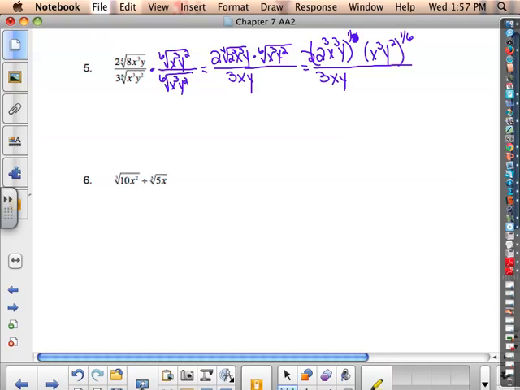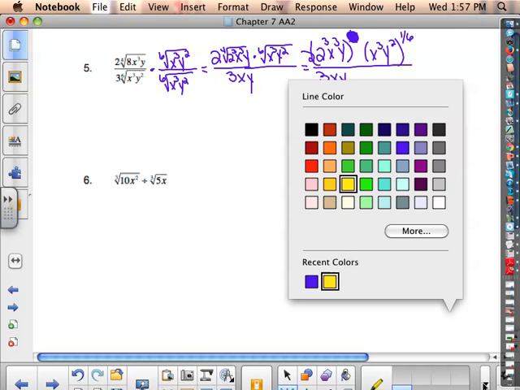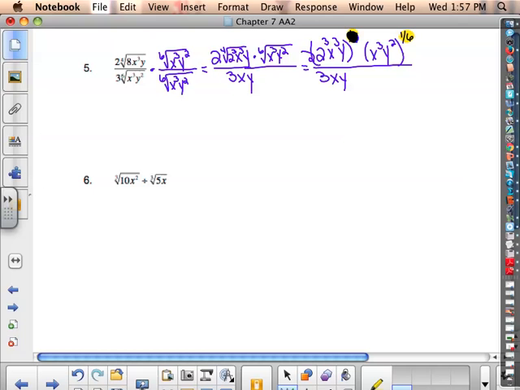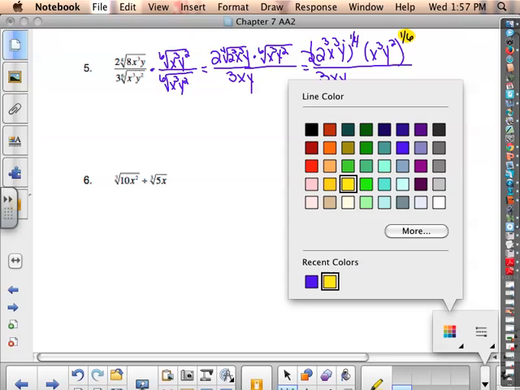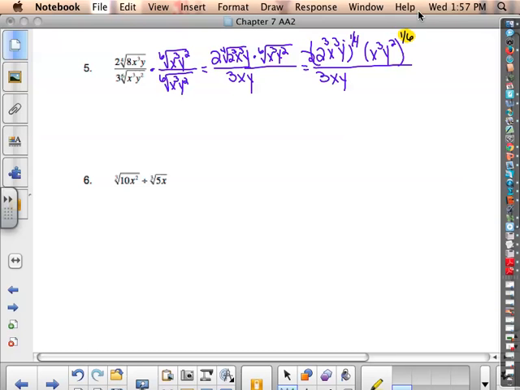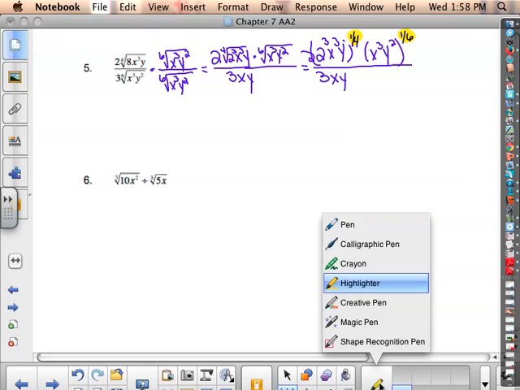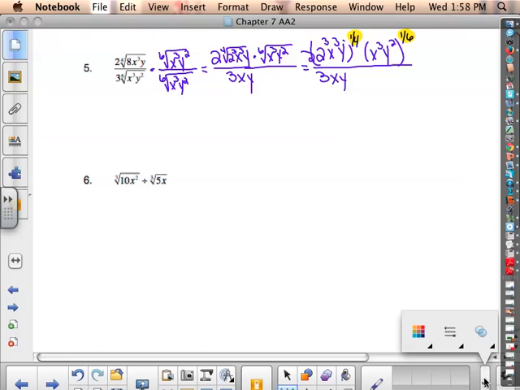Right here. Oops, I wanted to change that color to yellow. So take a look at that 1/4 and the 1/6. Now we need to make that a common index.